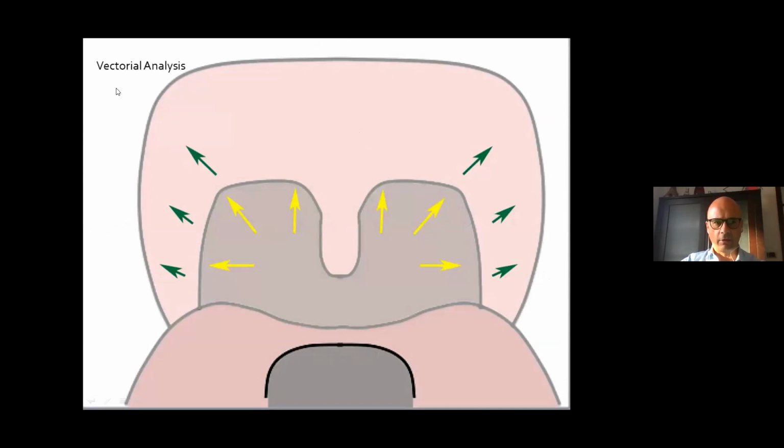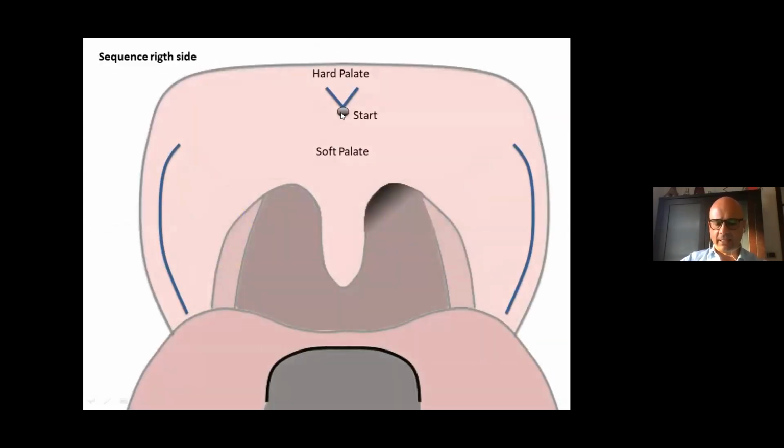Let's see the vectorial analysis. So we start our suture from the midline of the soft palate. With one needle, we go right, and the other needle goes left. So we have to start some millimeters from the hard palate, in the soft palate, but not too far from the hard palate. Why?